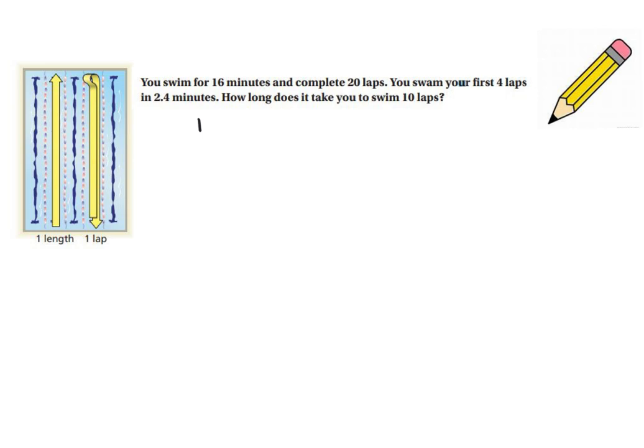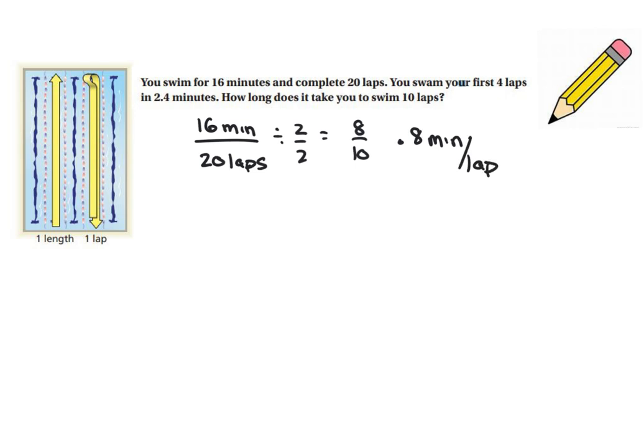Okay, so 16 minutes per 20 laps. So if we simplified that, divide by 2 over 2, we'd get 8 over 10, which is 0.8 minutes per lap.